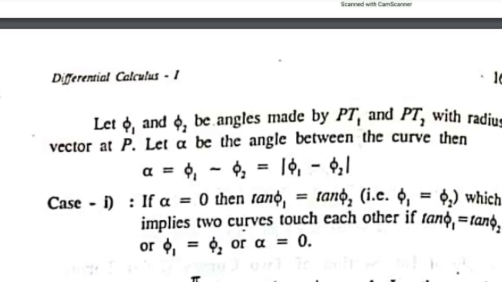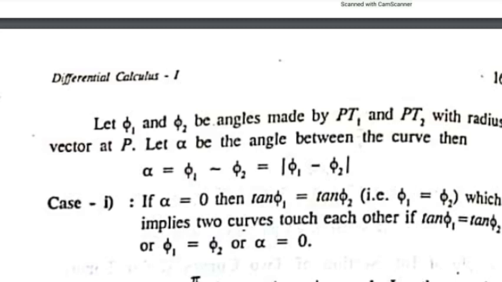Okay, now remember these 2 points, because these 2 points are very, very important when we solve problems. In problems they may ask a variety of different questions. Either they may ask to find the angle between the two curves, or they may ask to show that the angle between the two curves is 90 degrees.